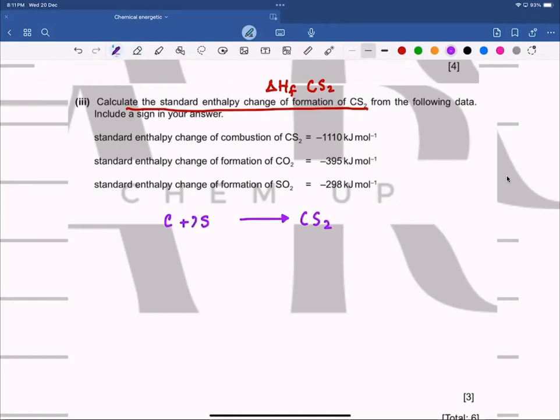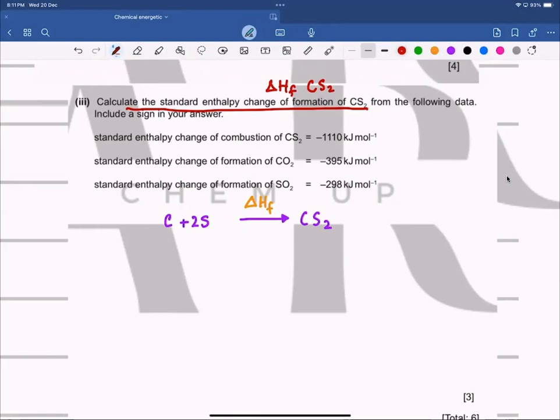I have to make the equation like this because this equation represents the standard enthalpy change of formation of CS2. Is this clear to all of you? Yes, sir. Okay.